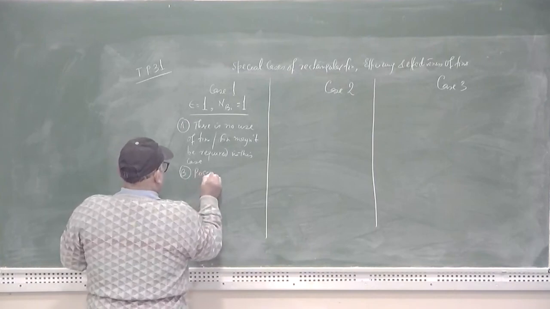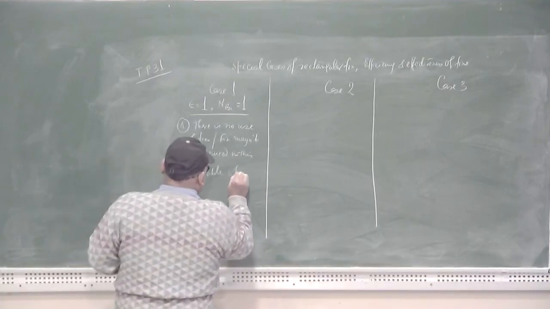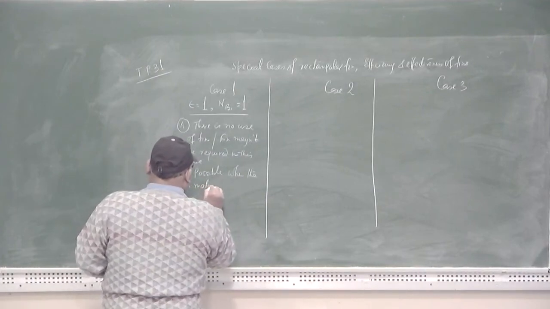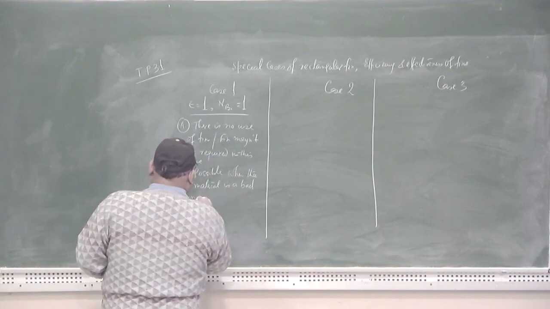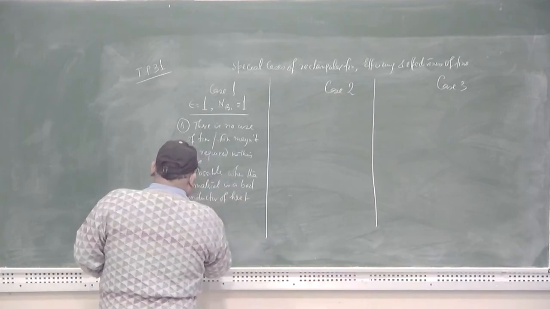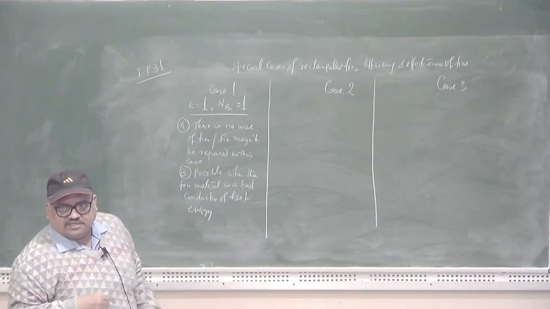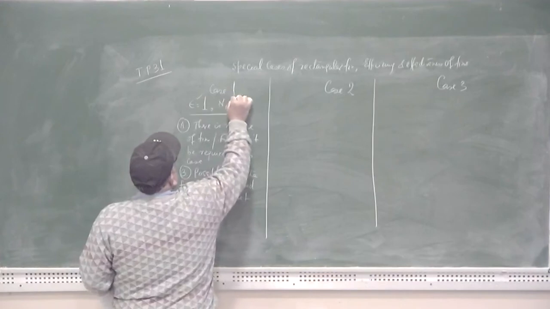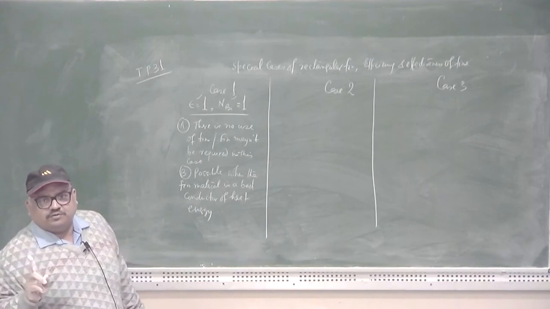The second condition in which this is possible is when the fin material is a bad conductor of heat energy. When these conditions prevail, epsilon is equal to 1 and Biot number is equal to 1, and then there is no use of using any fins.